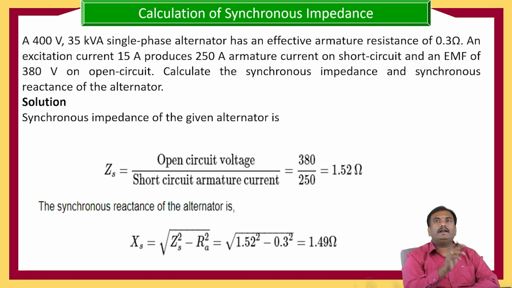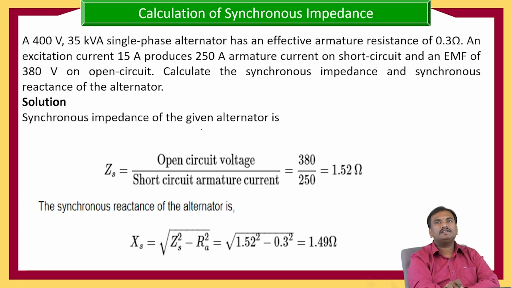Here, at a field current of 15 amperes, 250 amperes armature current is produced on short circuit and 380 volts on open circuit. Calculate the synchronous impedance and synchronous reactance of the alternator.